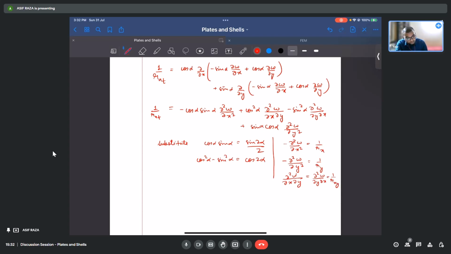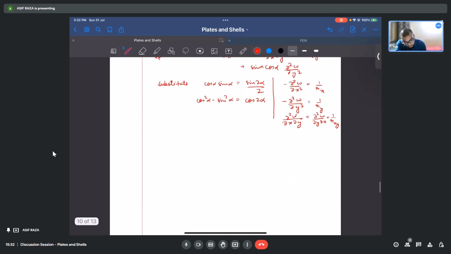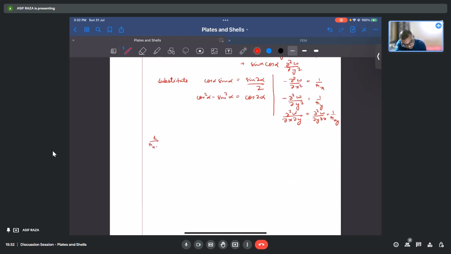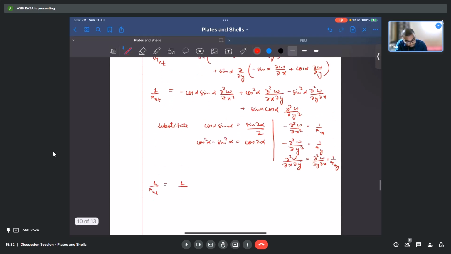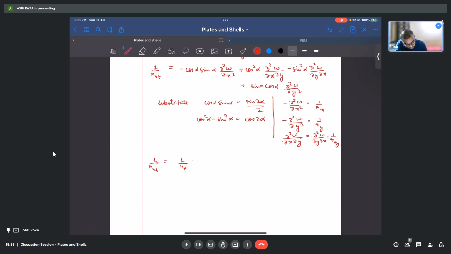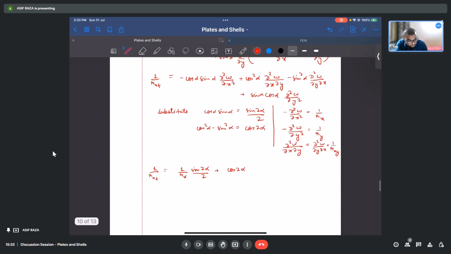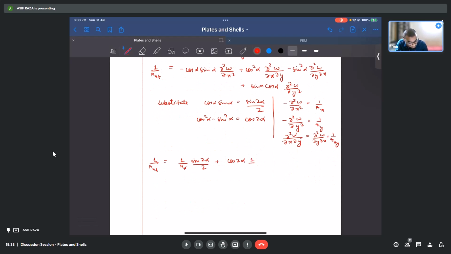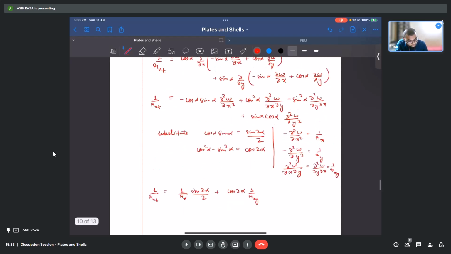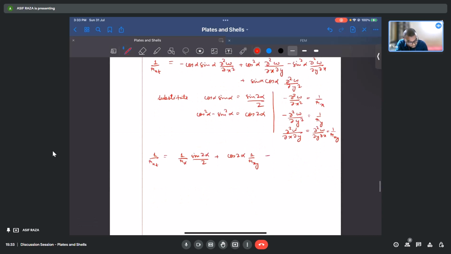So substituting this in the above equation, we will get 1/rαt as 1/rx sin 2α by 2 plus cos 2α times 1/rxy minus 1/ry sin 2α by 2.